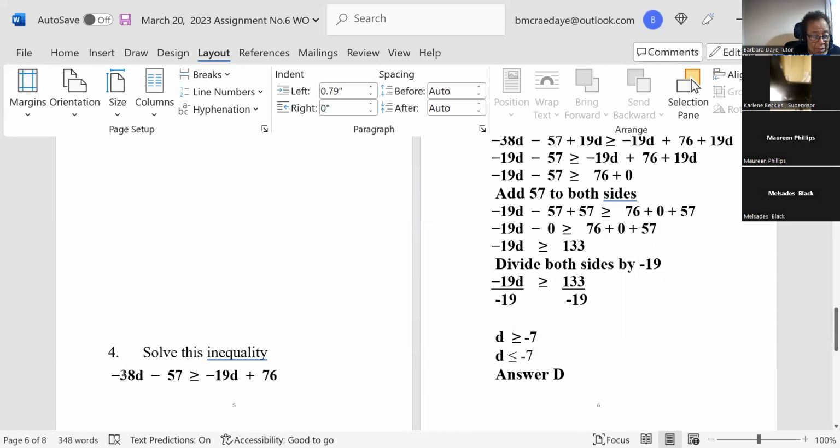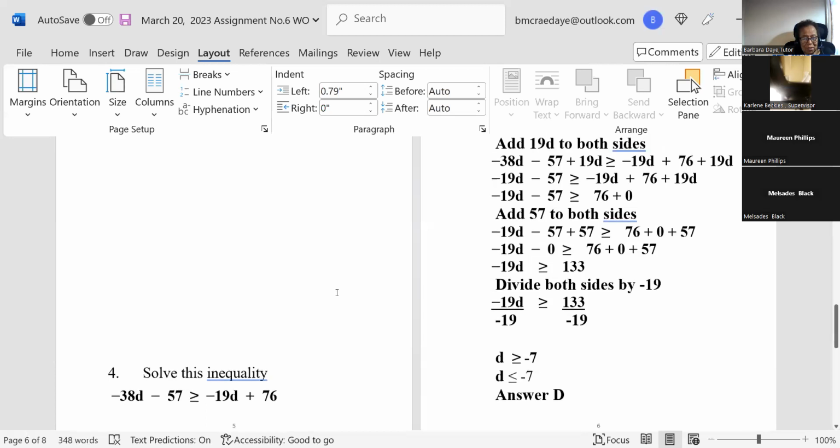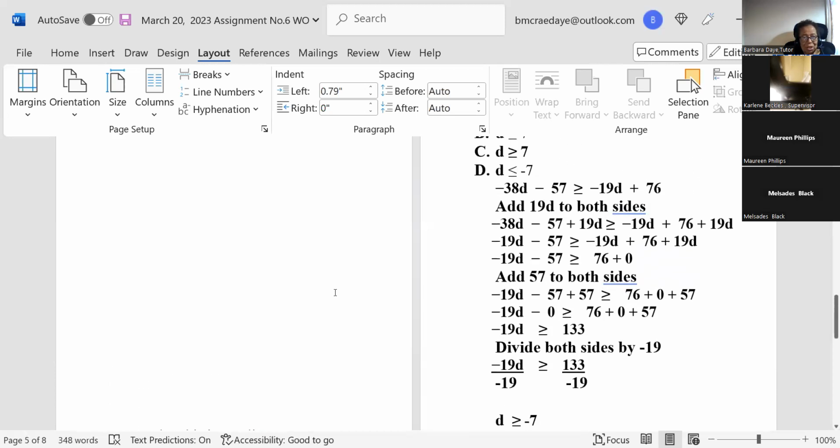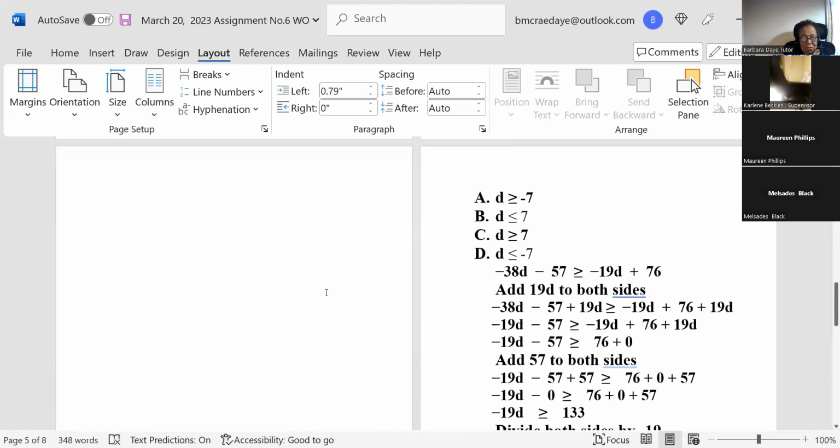Now you say this is a minus 38D and a minus 19D, so I've got to add it. So what's adding a minus 38D and a plus 19D? That's a subtraction from our sign rules. You can really do this mental math because the numbers are simple enough.